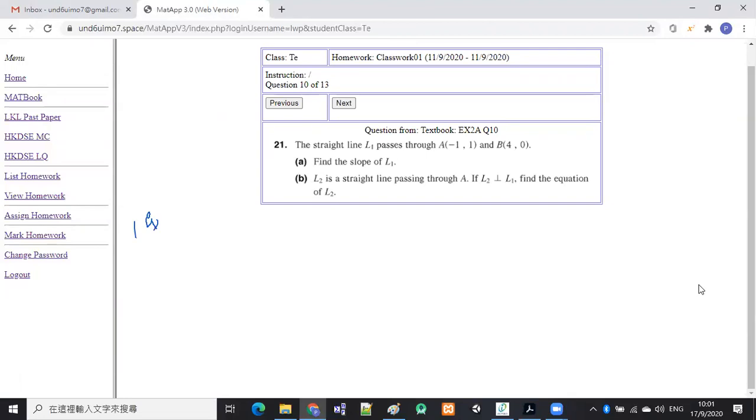We have the coordinates of 2 points, so we just find the slope of L1 by using the slope formula, y2 minus y1 over x2 minus x1. So that should be -1/5. That is the answer of part A.